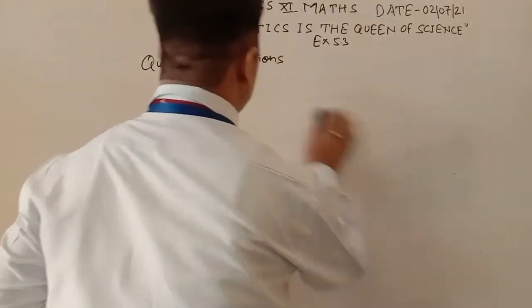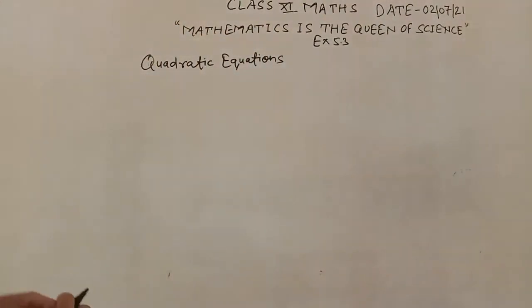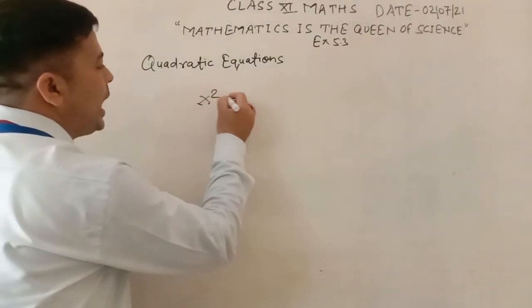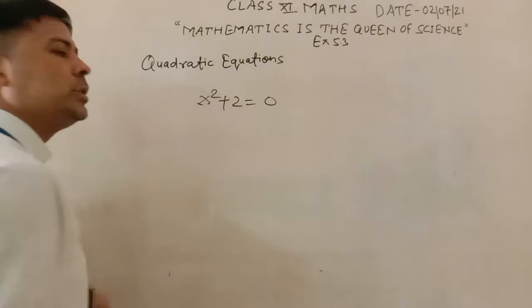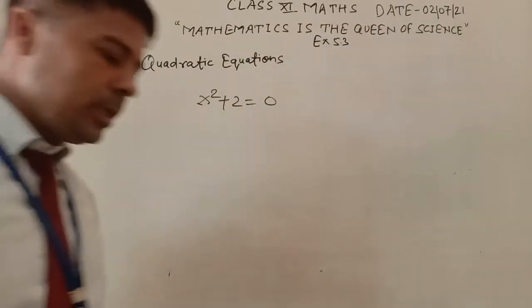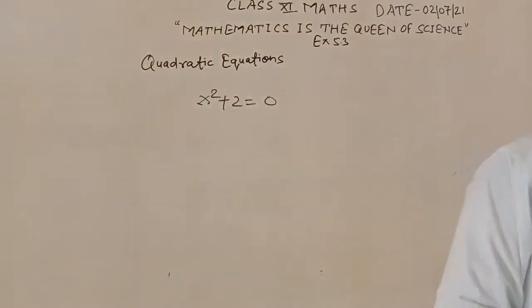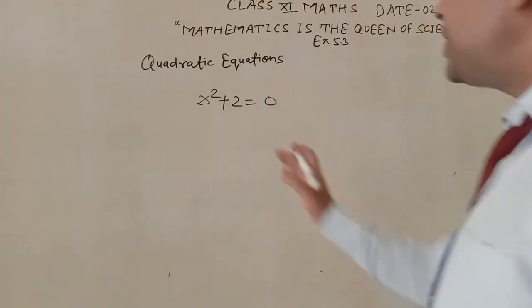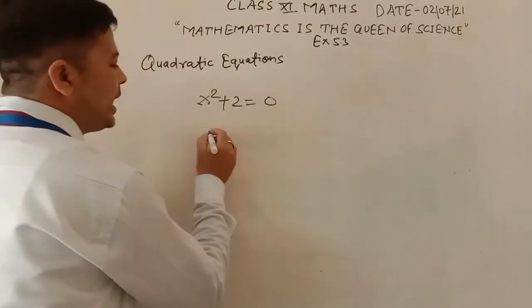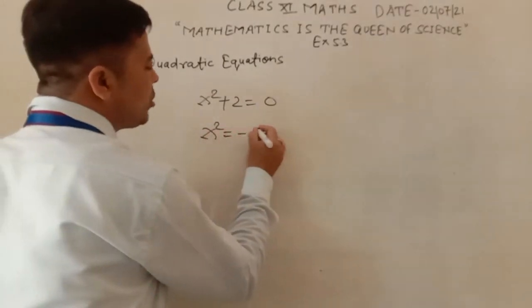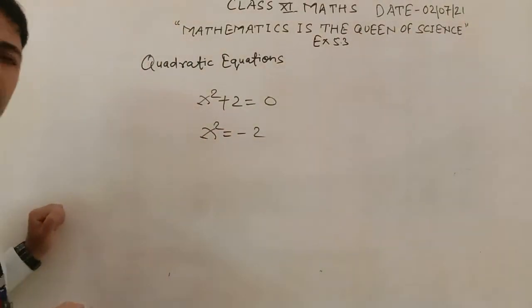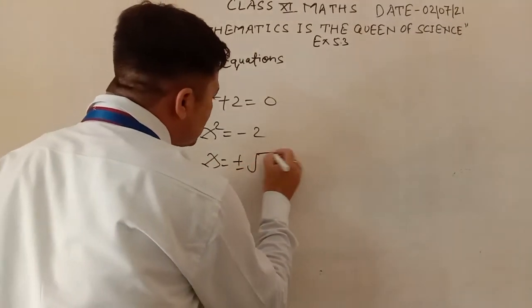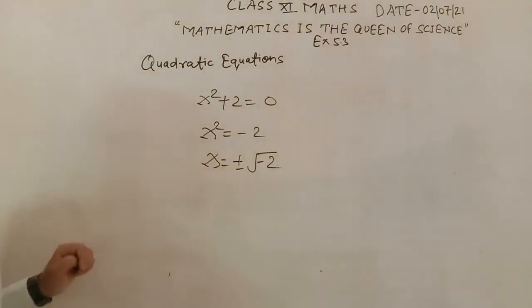Suppose you are given a question like x square plus 2 is equal to 0. You need to solve it. Firstly we transfer 2 to the RHS. Then x square is equal to minus 2, so the value of x is equal to plus minus root of minus 2.